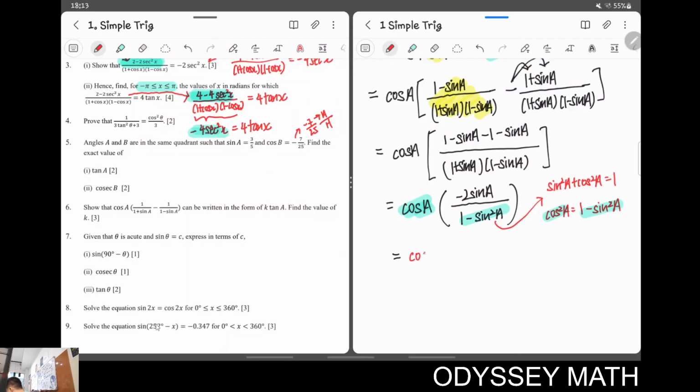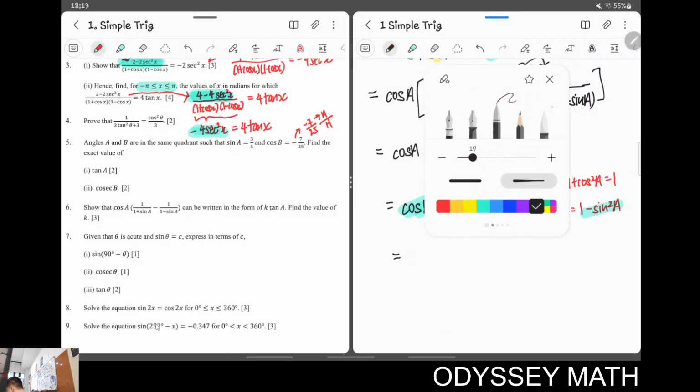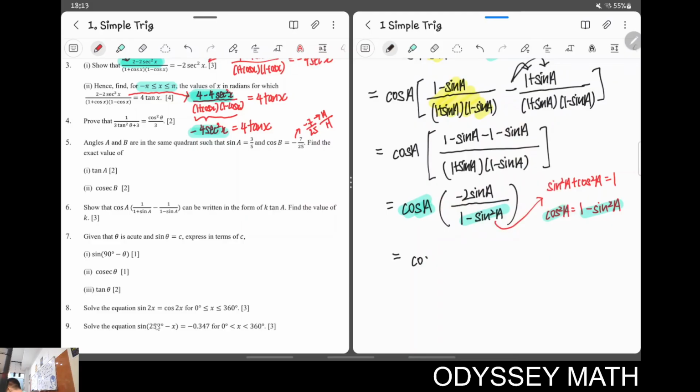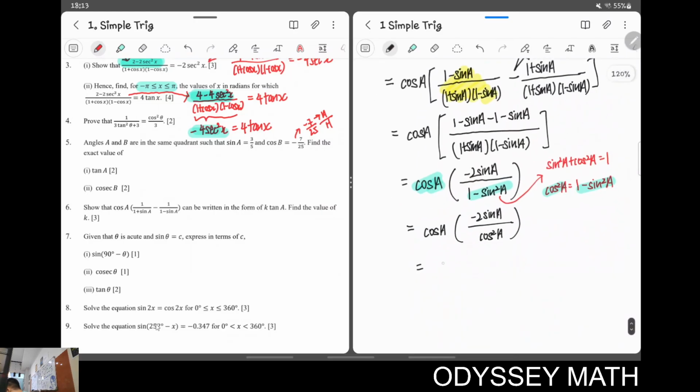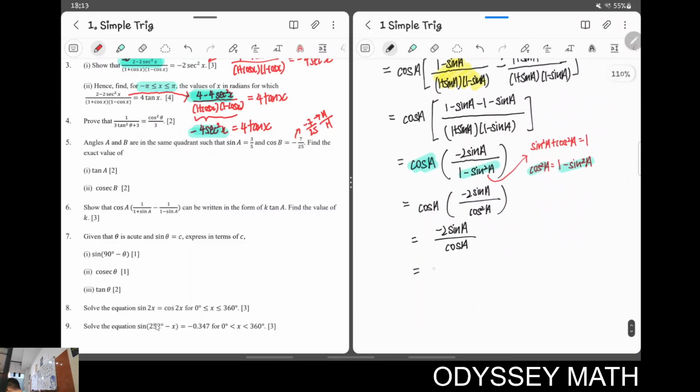So I have cosine A bracket minus 2 sine A over cosine square A. So cancelling this, we have minus 2 sine A over cosine A. Now if I want to write it for you to see it clearly, this is minus 2 times sine A over cosine A, which is equals to minus 2 tangent A. So they're looking for what is k.